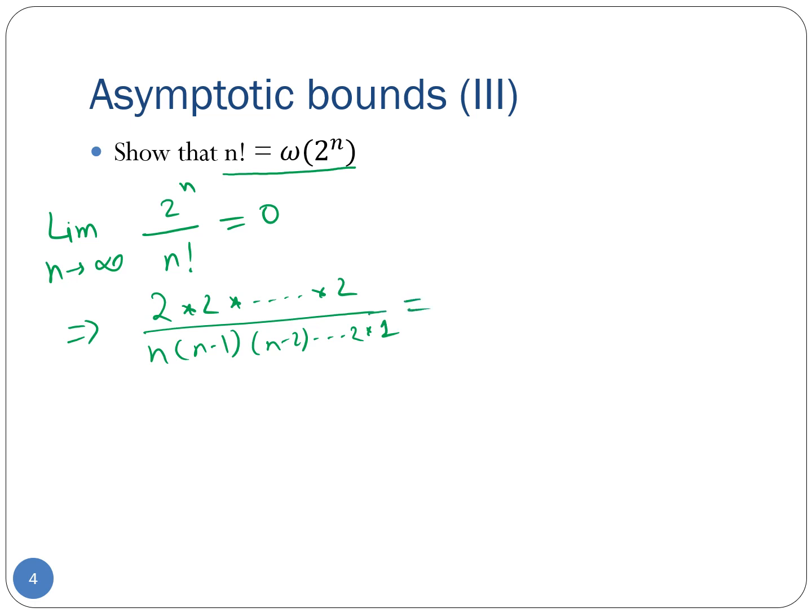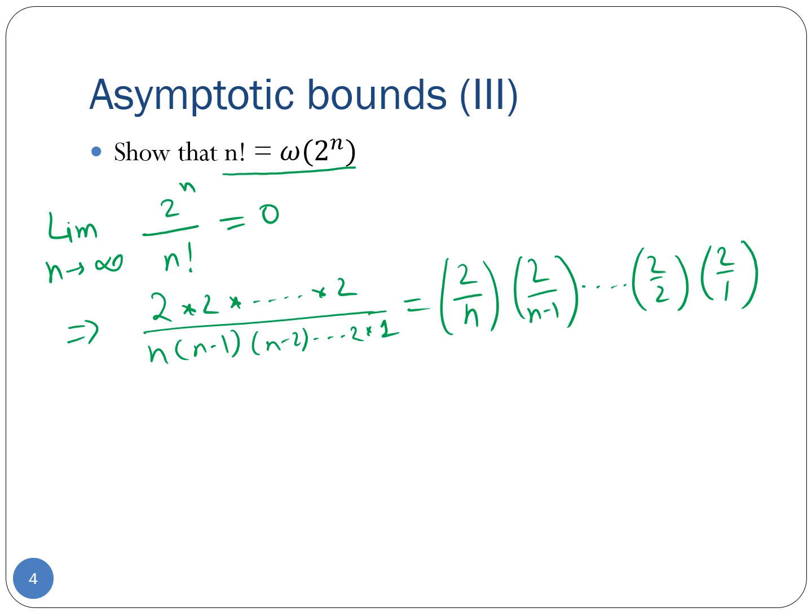If we separate this product, we get 2 divided by n multiplied by 2 divided by n minus 1 and so on all the way up to 2 divided by 2 multiplied by 2 divided by 1. As n tends to infinity, the term 2 divided by n tends to 0, and similarly the next term also tends to 0.